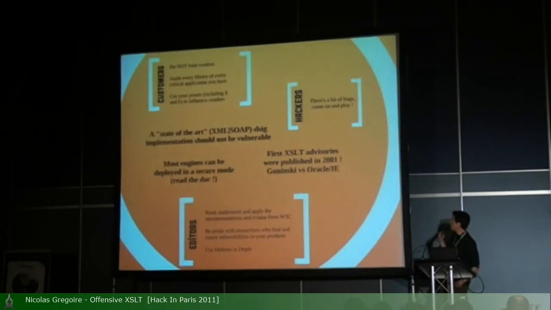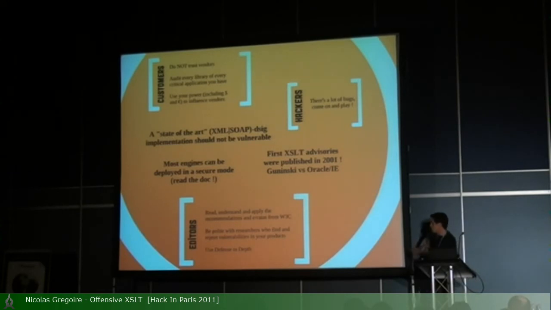And some more generic remarks. A state-of-the-art XML DSIG or similar application should not be vulnerable. So there are two solutions. Either you are vulnerable and your application is bad, given the standard, or you are not vulnerable, and okay, that's really a good point for you. I found one XML DSIG application which wasn't vulnerable to this bug, so it exists.